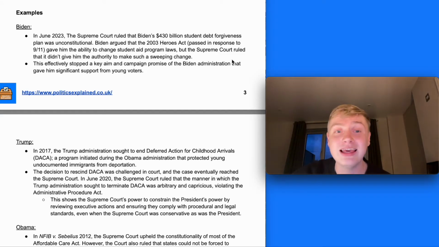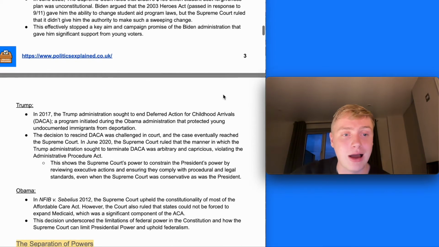And this stopped a key aim and campaign promise of the Biden administration that gave him significant support from young voters. So it shows how the Supreme Court and the Constitution are a key limitation on the president's power.